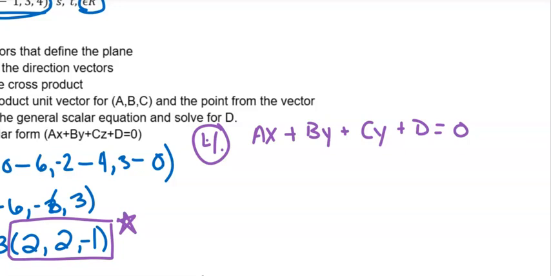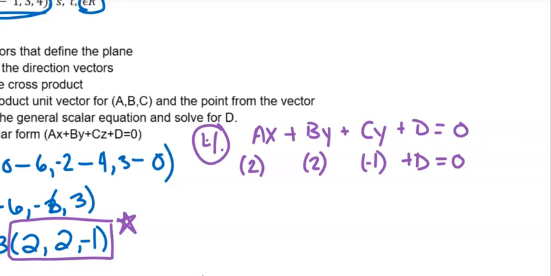It doesn't matter whether you do A times X or X times A, but in order to remember that A is actually 2, be sure that you fill in A, B, and C first, before you fill in the point. This will help you remember that these are the normal for your plane, and not just a point, because otherwise you might get confused.